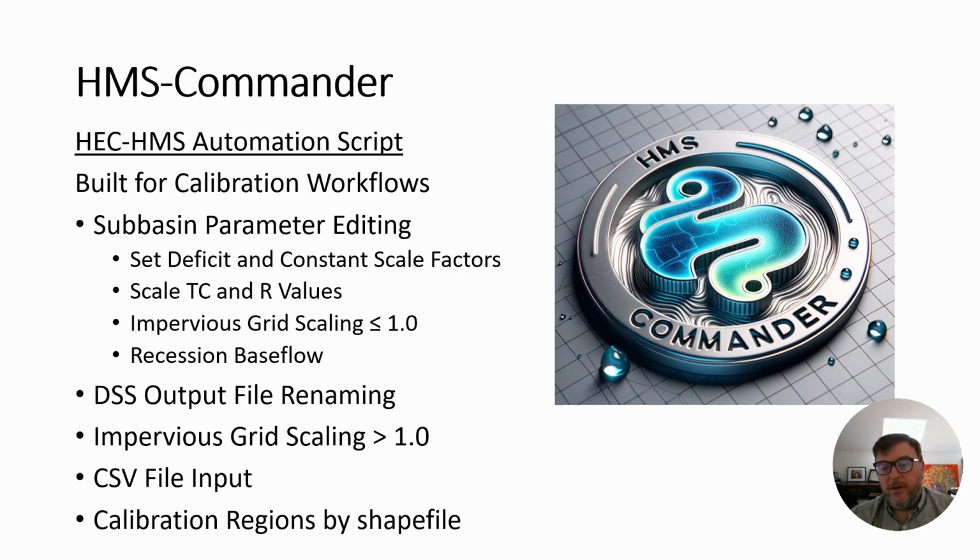We've got some logic to handle DSS output file renaming, as well as providing all of our inputs as a CSV file for simplicity's sake, as well as reducing the number of user errors. There's also a version of the script that can do calibration regions by shapefile using GeoPandas. However, we're not going to cover that in today's video.